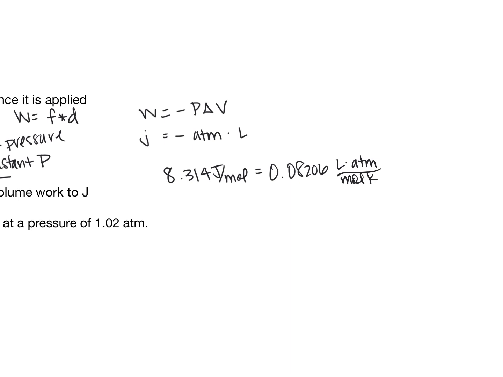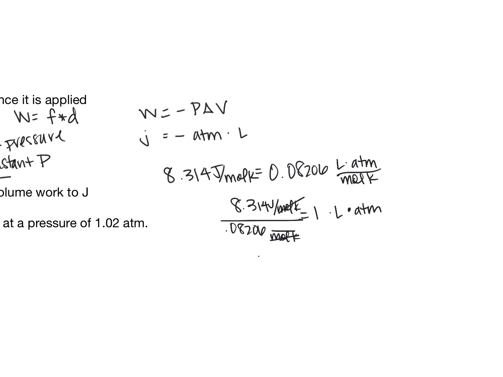We can solve for 1 liter atmosphere by dividing 8.314 joules per mole Kelvin by 0.08206 liter atmospheres per mole Kelvin, so the moles Kelvin will cancel.